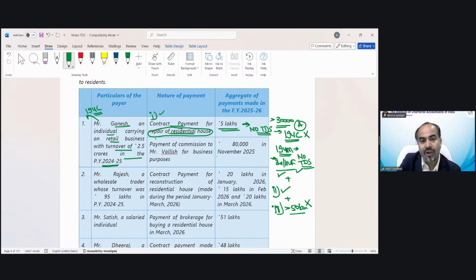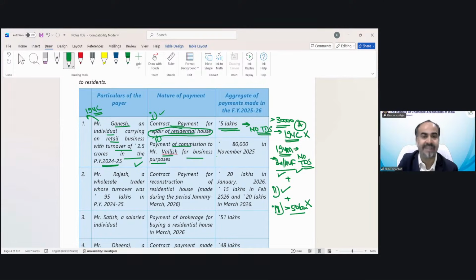Now, the second point of this same point number 1 is payment of commission to Mr. Walish for business purpose. So first of all, what will we check? We will check whether the section 194H provision is applicable or not. Because payment has been made and the turnover is exceeding, as per section 194H the payer has been included.